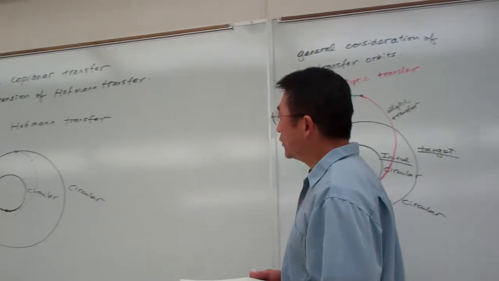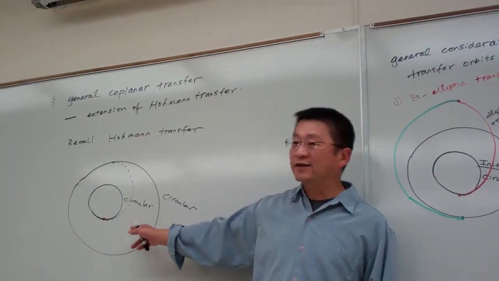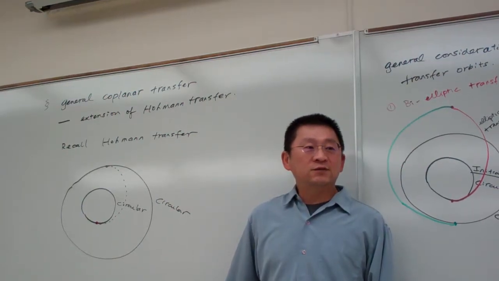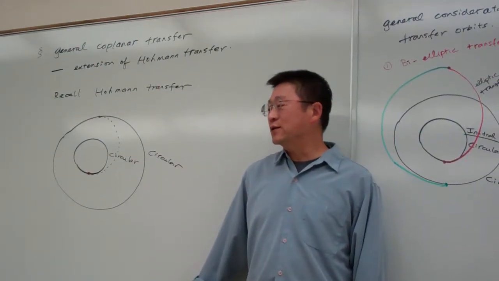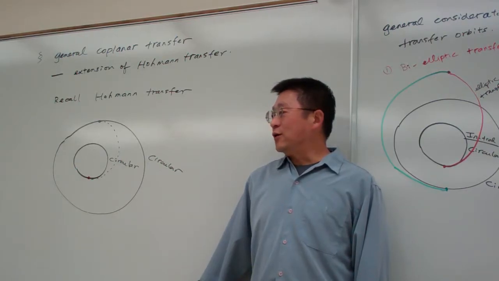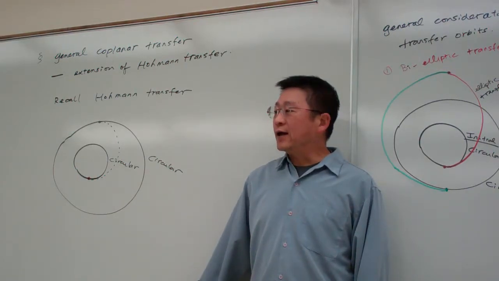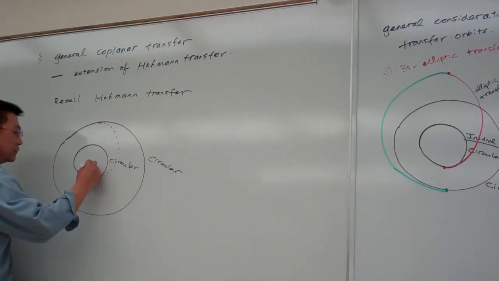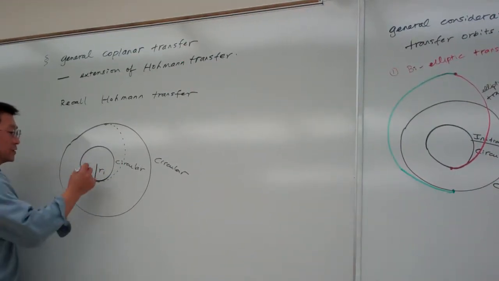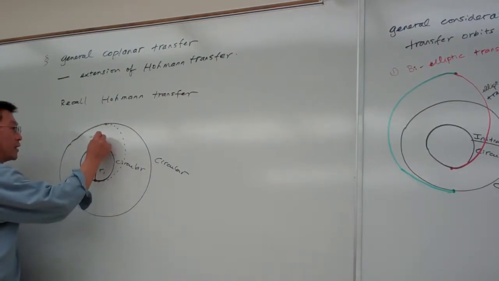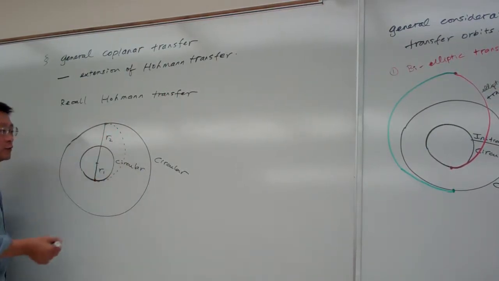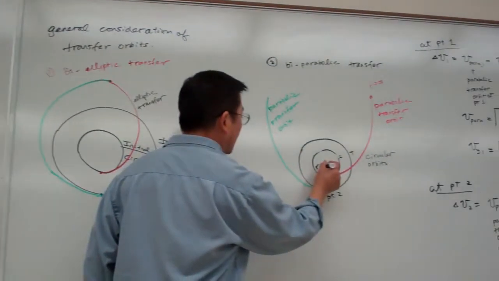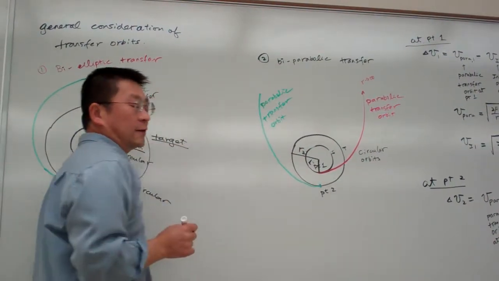So if I would ask you, say I give you certain numbers, say this is R1, and the target radius is R2, the same setup as we have here. So this is R1 and this is R2 here. Okay.